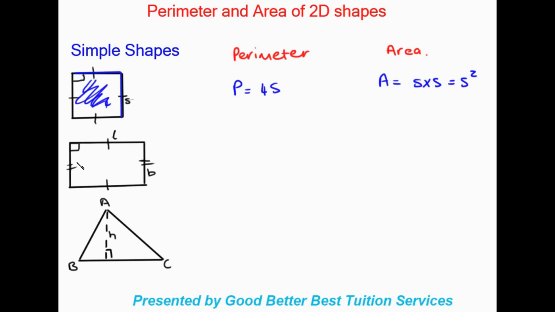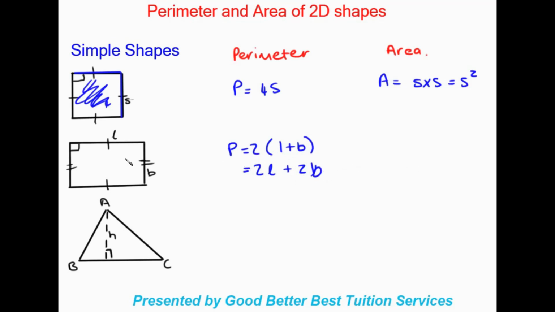Moving on to our rectangle. Let's see here. So the perimeter for a rectangle is represented by P is equal to 2 times (length plus breadth). Okay? That can also be written as 2 length plus 2 breadth, right?